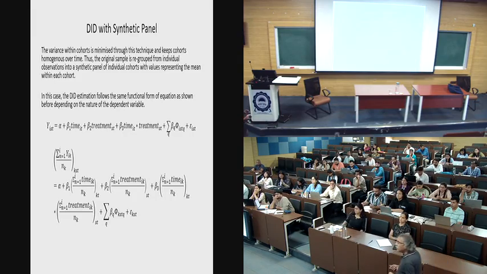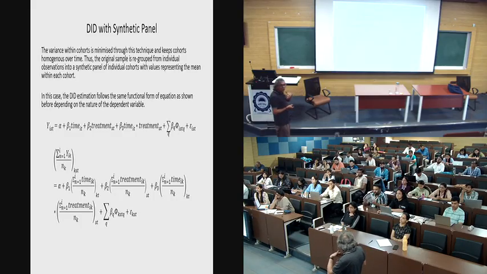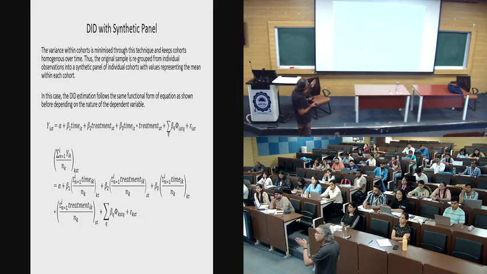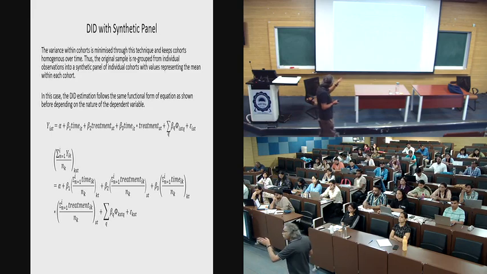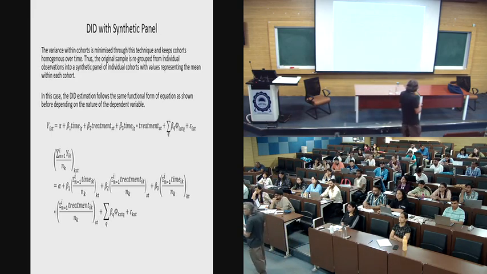So the DID estimation, then I'm going to do exactly on the same functional form like I did previously. So here I have Y_ist, then I have I_t, and then S_t, and then my interaction term with the set of controls. But look, the way I then want to think of it.